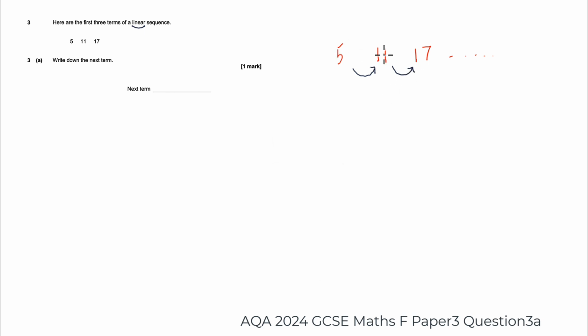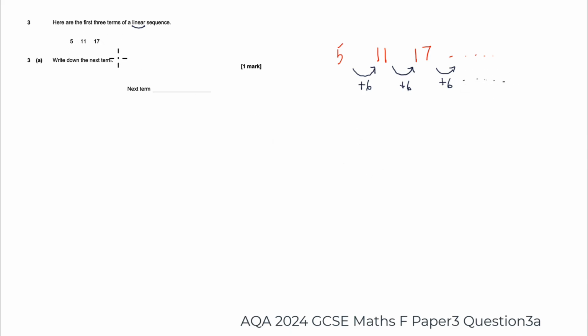Now you can see in this case if we add 6 to the 5 we get 11. If we add 6 to the 11 we get 17. So the rule is add 6 to get from one term to the next.